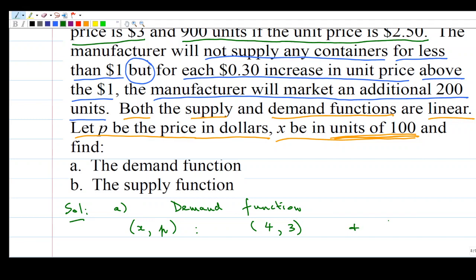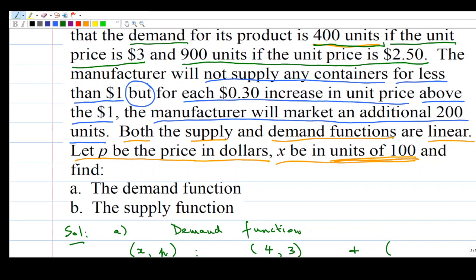And we know that there will be 900 units of the product if the unit price is $2.5.